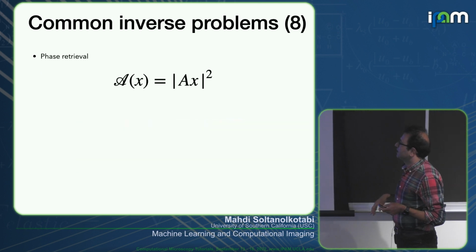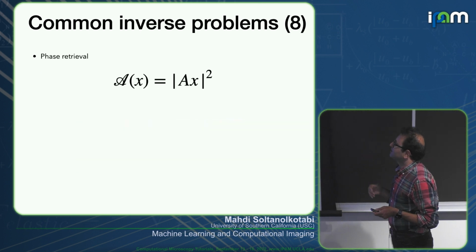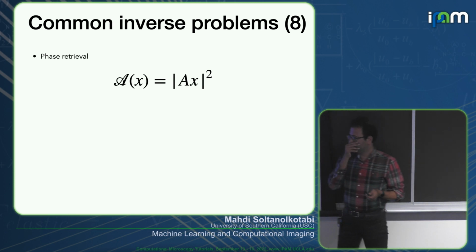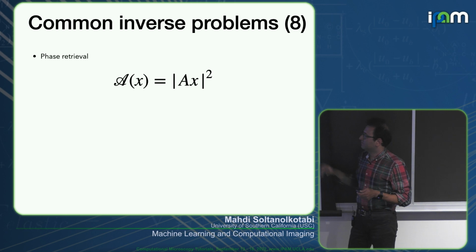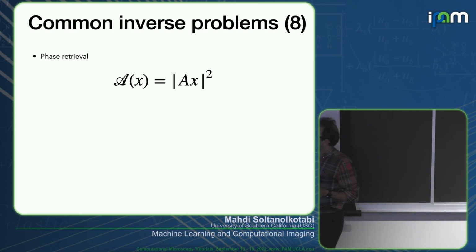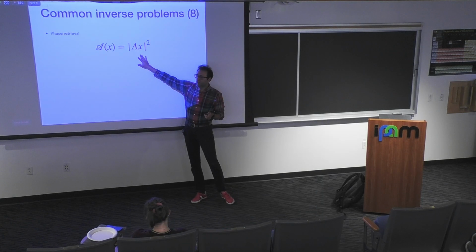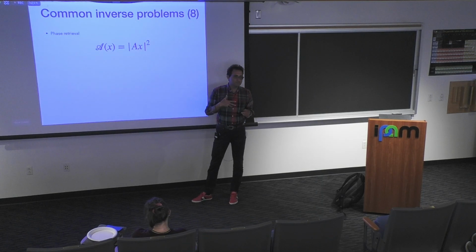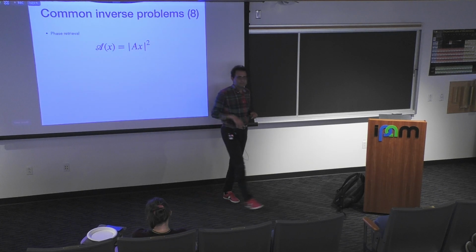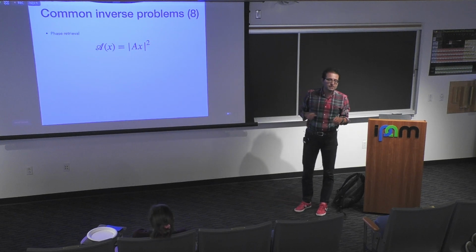And I guess we're getting to the end of this list. This problem was featured very much this morning, maybe a good example of a nonlinear version of this problem, which is phase retrieval. You have some sort of forward linear map, usually Fourier transform or oversampled Fourier transform, as we saw this morning, and then you get magnitude measurements or magnitude squared measurements because that's what devices measure.